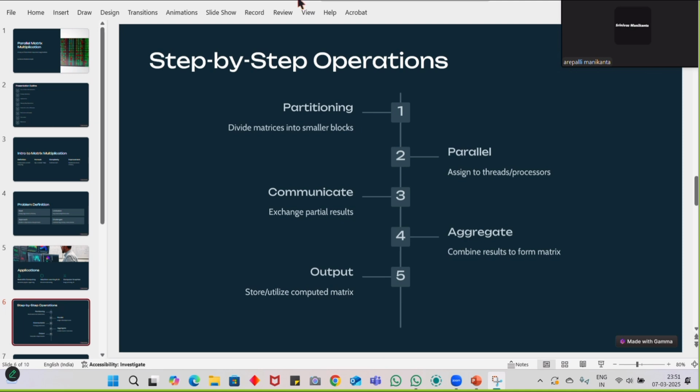Result is equal to executor.map of lambda i: compute_row(i, A, B), over range(num_rows). Store the computed rows in C: for i, row in enumerate(result), C[i] is equal to row. Return C.